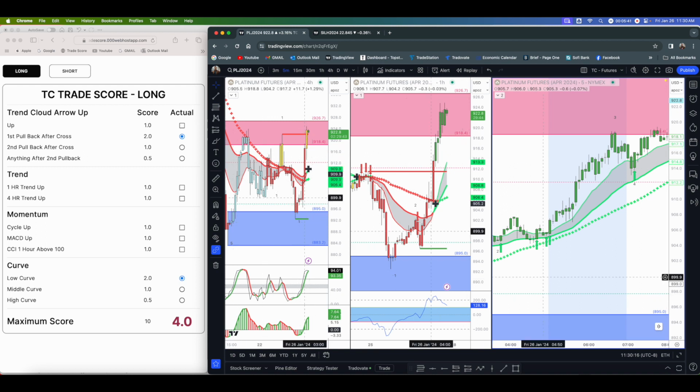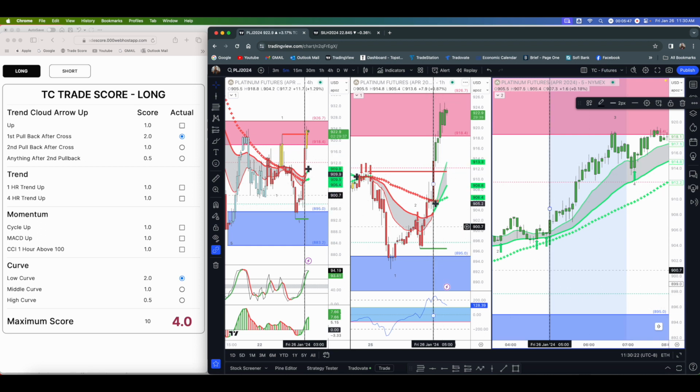Trend is very strong. If we look at this hour here, the trend at this time was actually crossing over, and it was very strong, so trending up. On the 1 hour chart, we didn't have the trend with us, so I will keep it at 0.